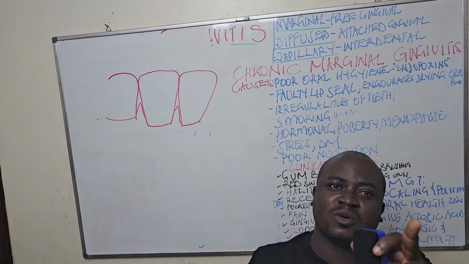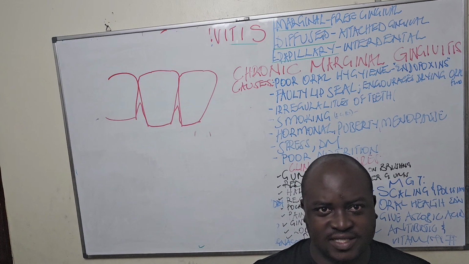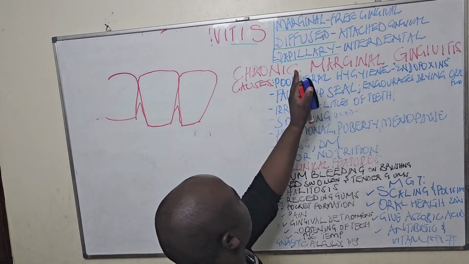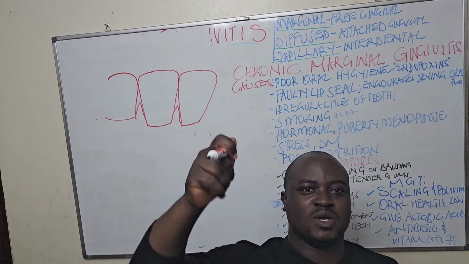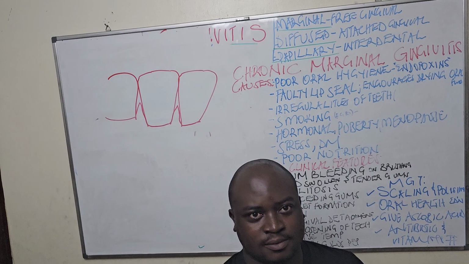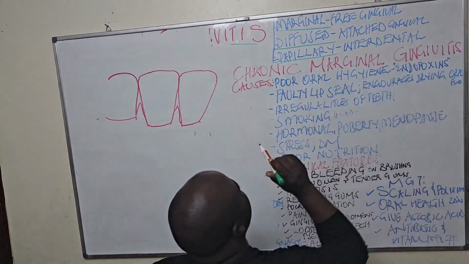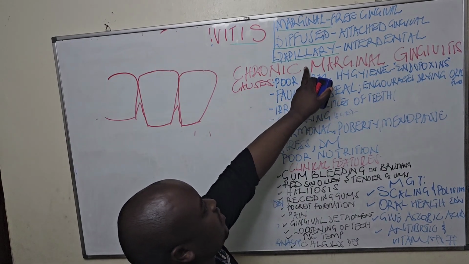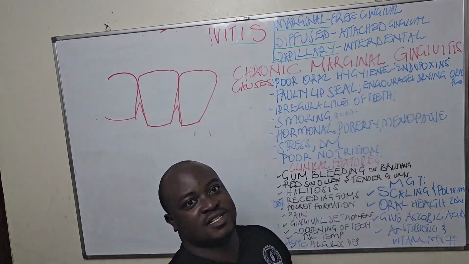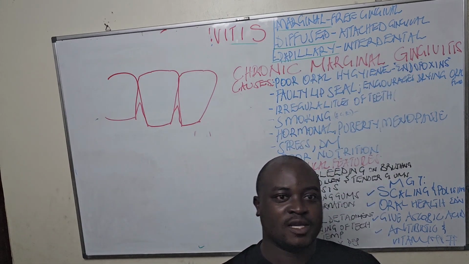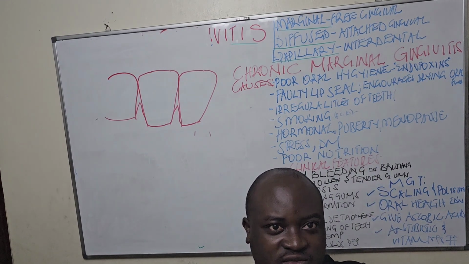Because of that, we combine all the gingivitis, whether marginal, diffused or papillary, and we call it chronic marginal gingivitis. In other words, in chronic marginal gingivitis we are combining marginal, diffused, and papillary gingivitis.